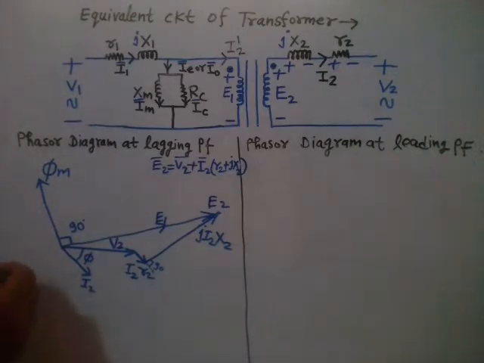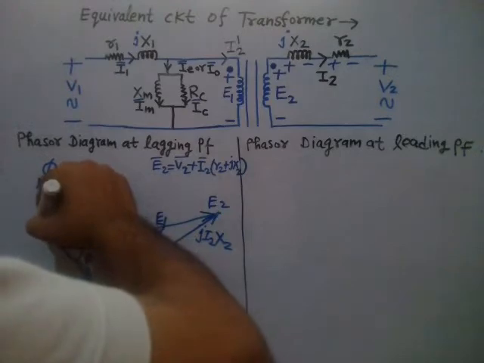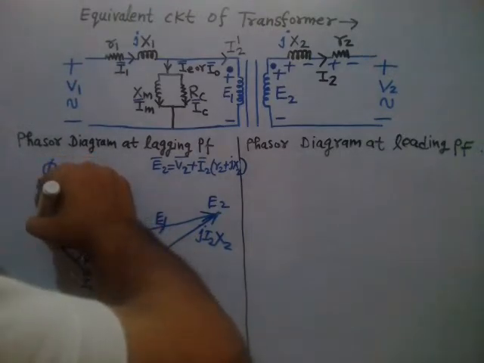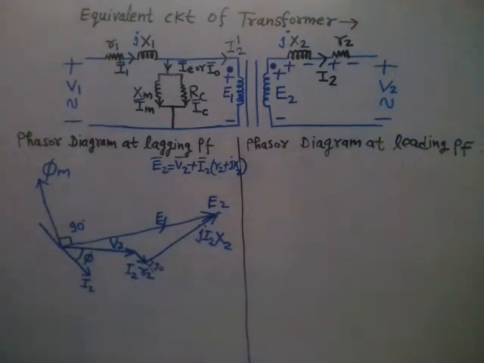So now if you take I2 in the other direction, you can draw I2 like this, isn't it? If you draw I2 like this, it will be I2 dash.